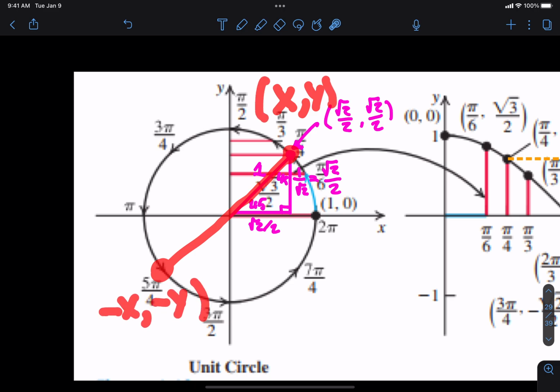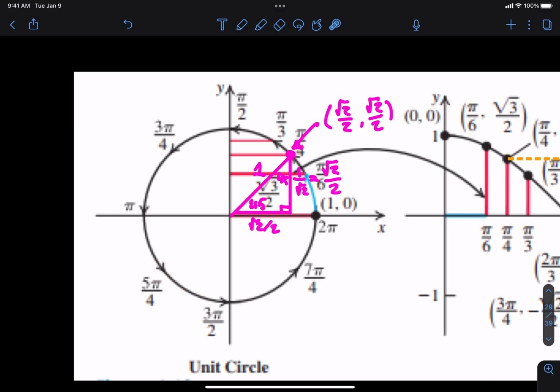When you divide the y-coordinate by the x-coordinate, you'll get the same thing for each. If you draw a straight line through, you can call this a chord, or a diameter, the points will have this kind of relationship in terms of their coordinates. So when we take the y-coordinate divided by the x-coordinate, we get the same thing.